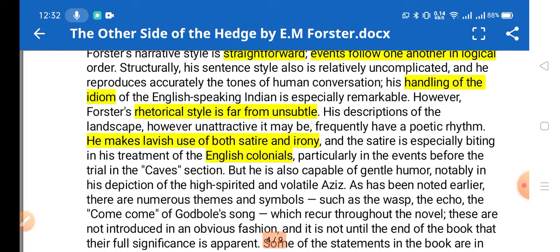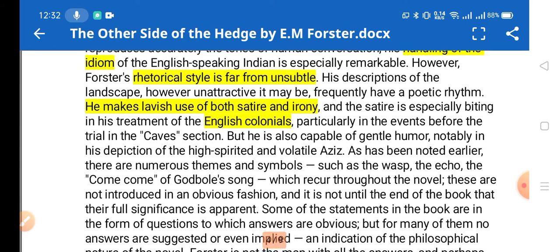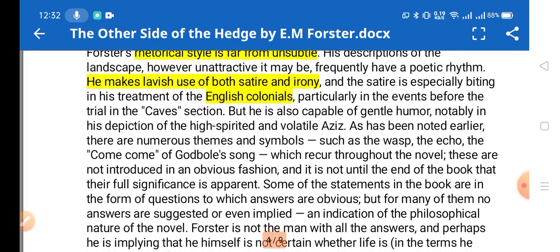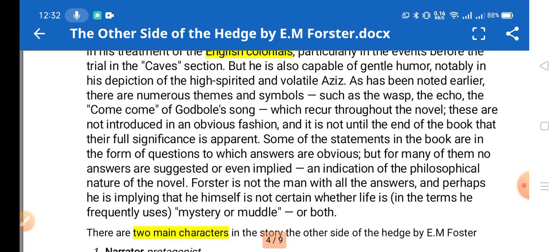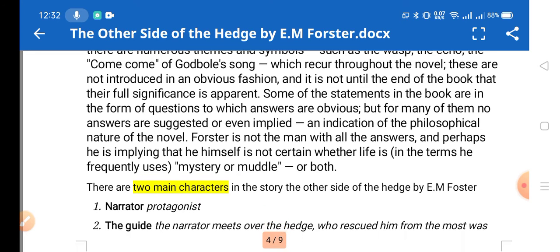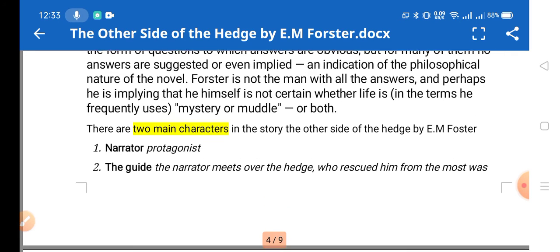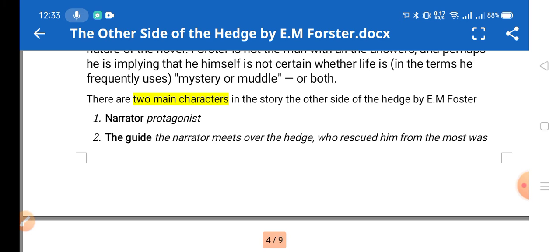Forster's rhetorical style is far from unsubtle, and we'll see that there is a poetic rhythm in his writing, and he makes lavish use of both satire and irony, and biting wit is there, and the treatment of English colonials is discussed in his writing, and gentle humor is there in the depiction of high spirits, and another thing is the indication of the philosophical nature of his novels. So that is some about his writing style, and let's move on to the characters of the short story.